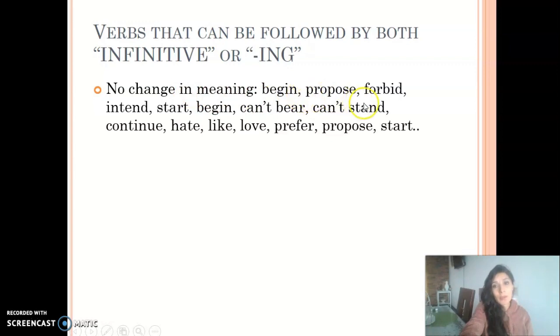Begin, propose, forbid, intend, start, can't bear, can't stand, continue, hate, like, love, prefer.